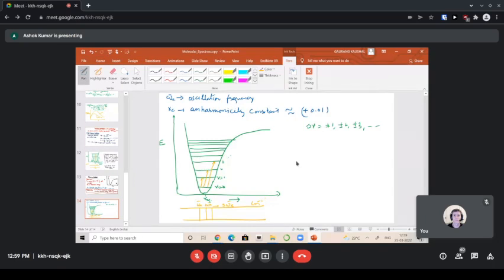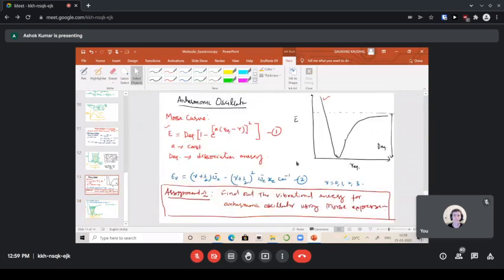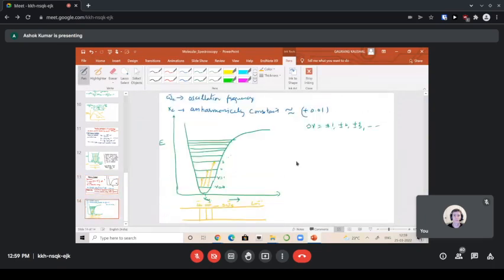Okay, let me first write that energy expression, equation number 2. Equation number 2 can be written like this. So this is the energy of this anharmonic oscillator, which is equal to omega E. I have taken some common values there.